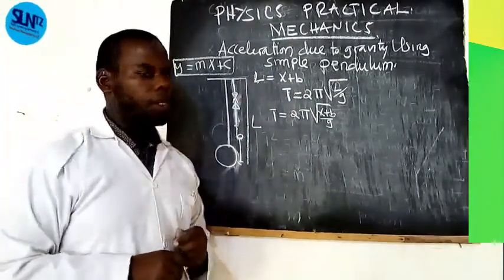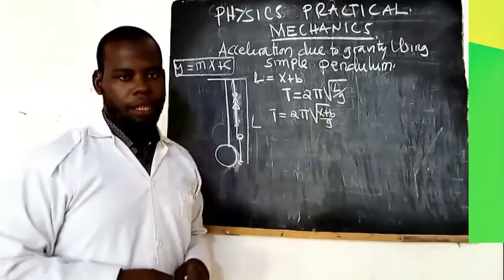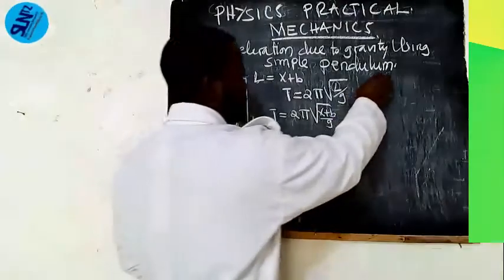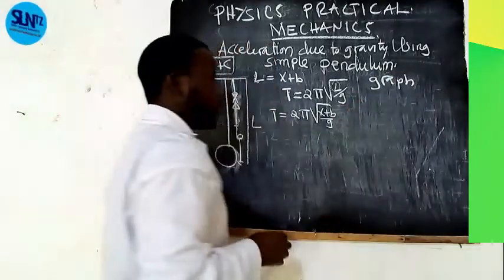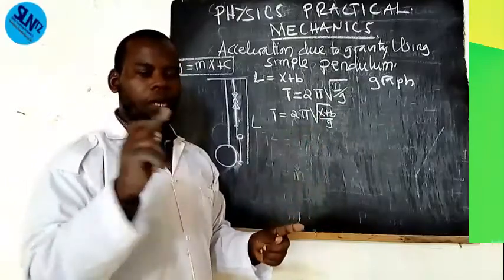Do you see? But x plus b, that is the length of your pendulum. The graph can be asked to plot a part of your length.